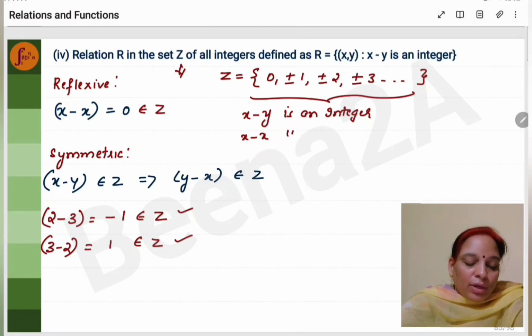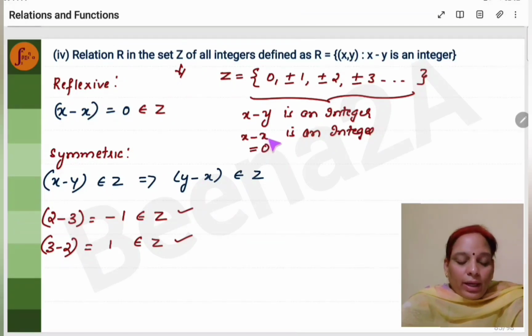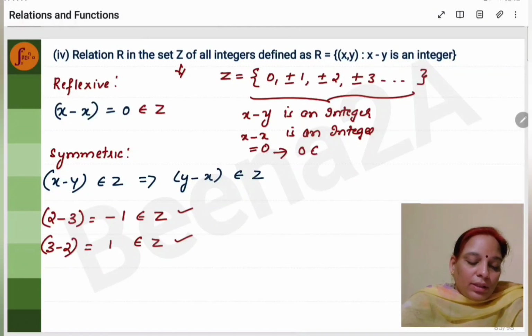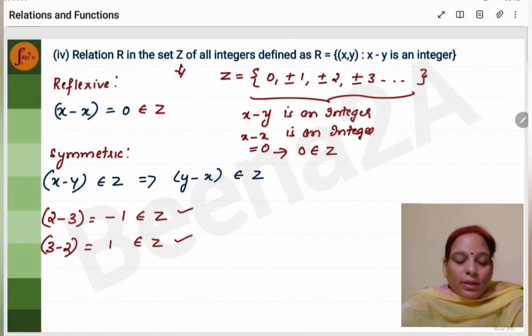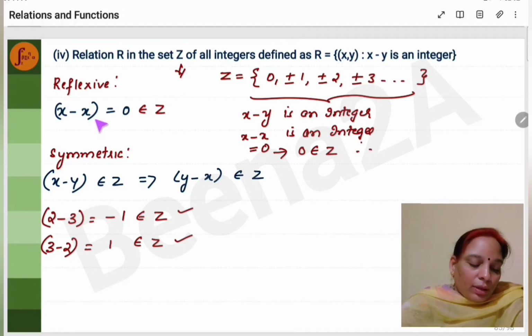So x minus x is an integer. Is this true? x minus x is equal to 0, and 0 is part of the set Z. 0 belongs to Z. Therefore, this is reflexive.